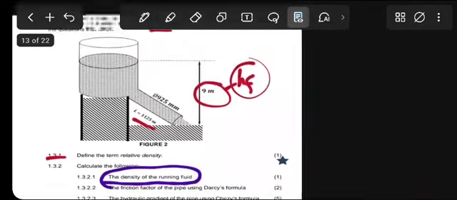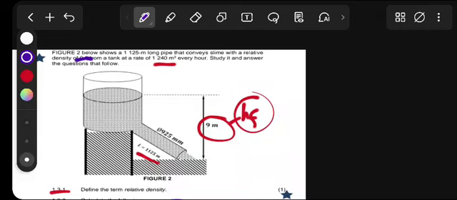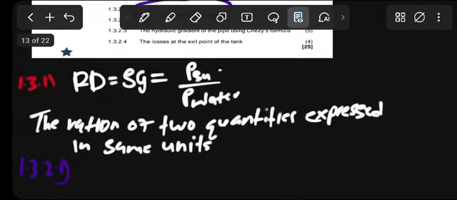Guys, we are given the relative density as 0.8, so we will use this formula.